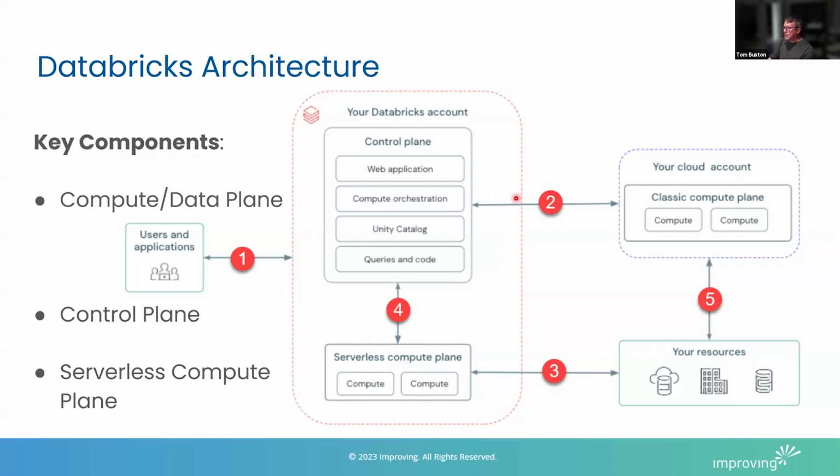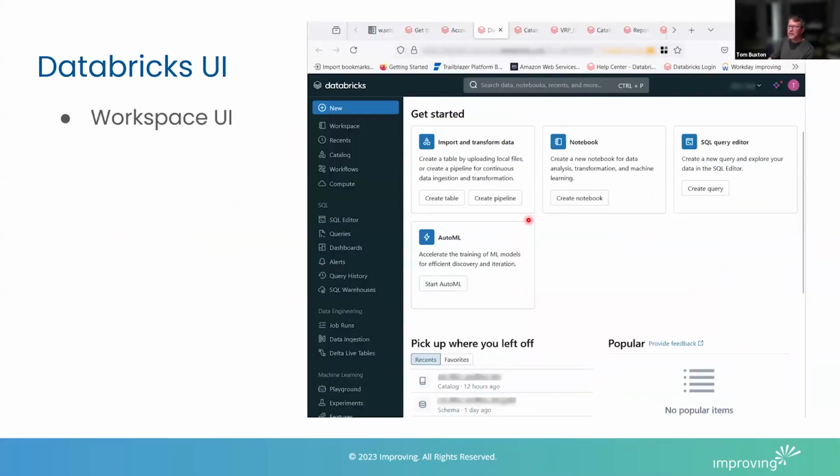Moving on. Quick look at the Databricks UI. A lot of us, I think, probably have seen this before as we log in and do our work within Databricks. We don't see anything. None of the details of what goes under the hood really are available, as far as control plane or compute plane, and things have any real bearing to what we see here.